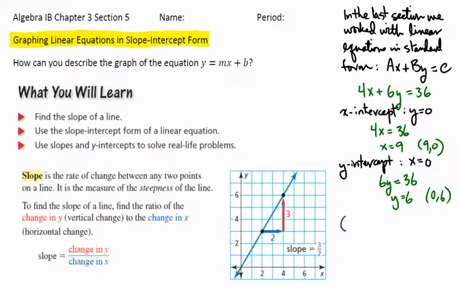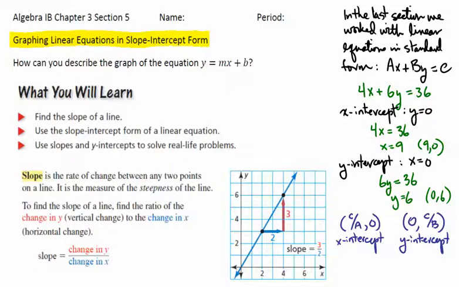Now, in the general form, ax plus by equals c, 36 is the c, and the number that's multiplied by x is a, so that means that the x-coordinate would be c over a, and the y-coordinate would be 0. That's the x-intercept. The y-intercept, where x is equal to 0, would simply be the 36 divided by 6, the number multiplied by y, and that in our general form of the equation is b.